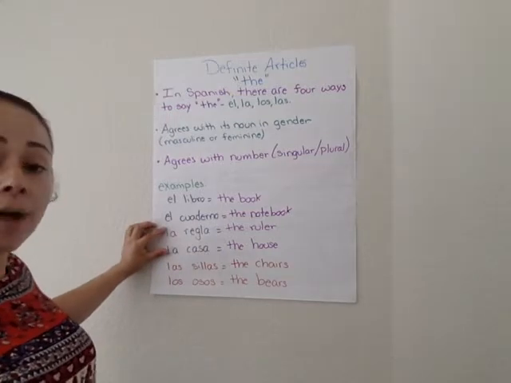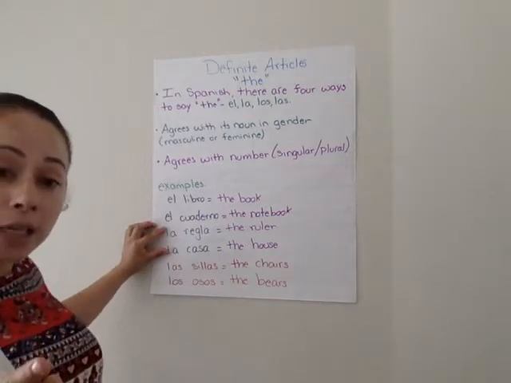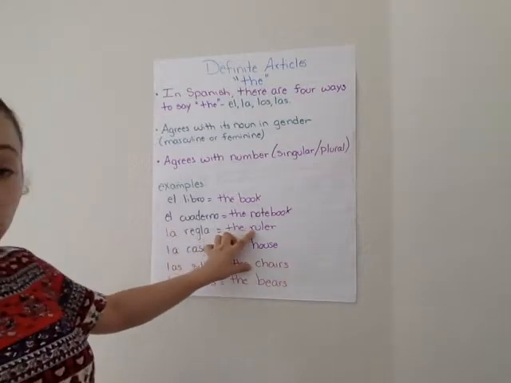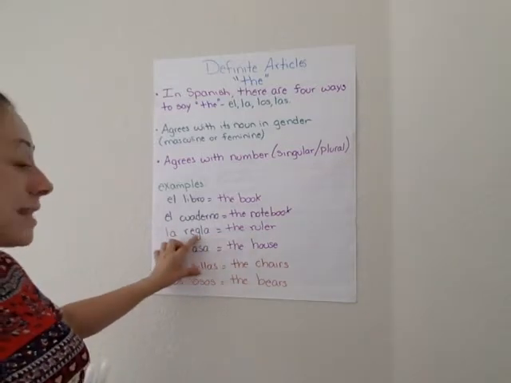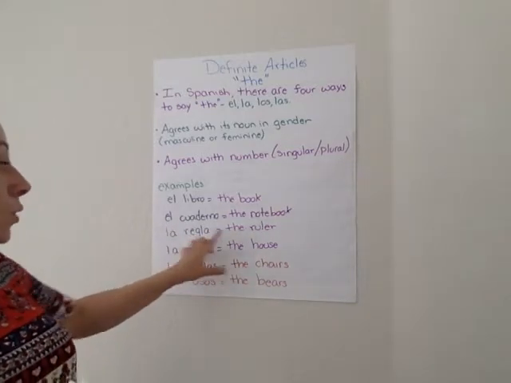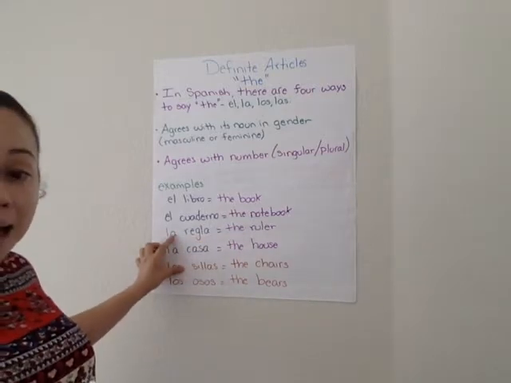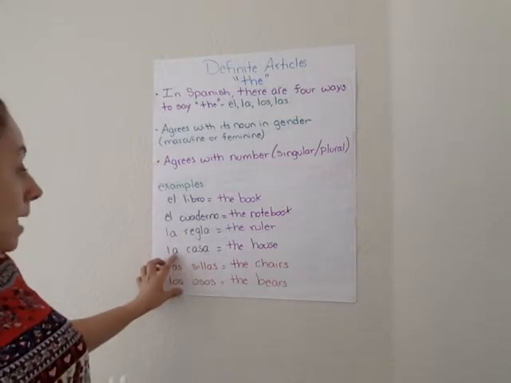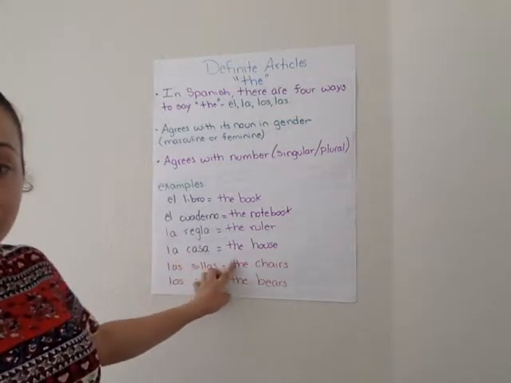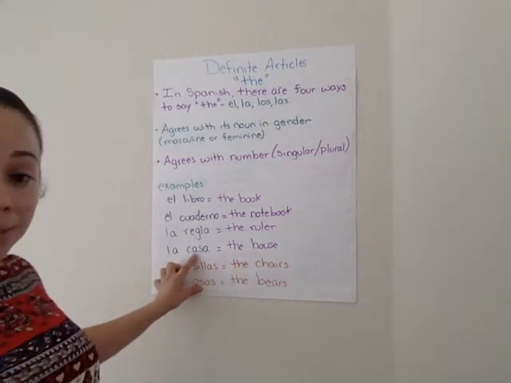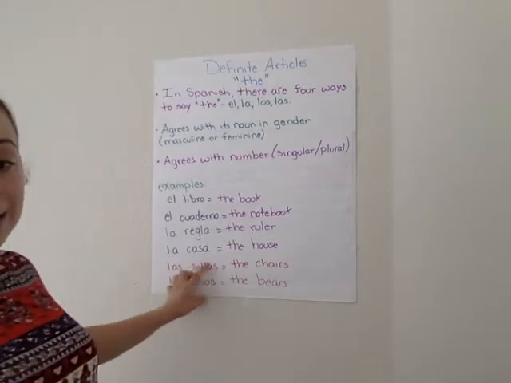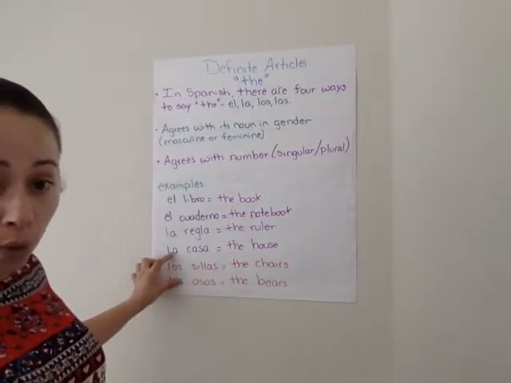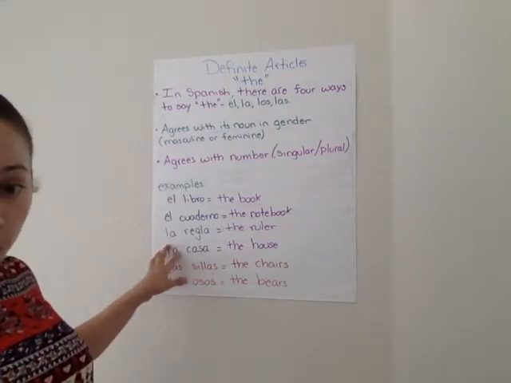Now, the following two are singular feminine. Okay, so the ruler in Spanish means regla. So the means la regla, because la is feminine singular. La casa, the house. Casa means house, and since it ends with an A, we need to find its feminine form, singular feminine form. Okay?